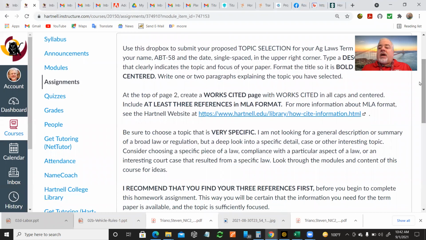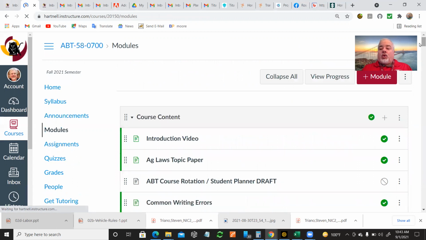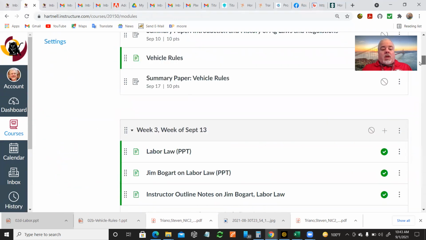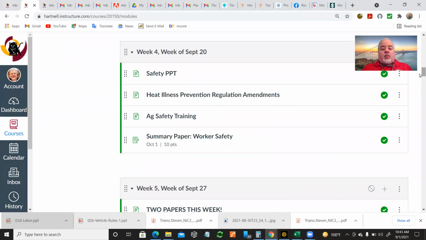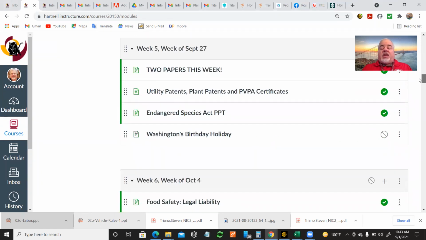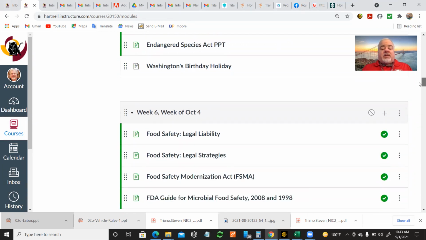We're going to be talking about GMOs and biotechnology. If I go to modules, things that aren't there yet, but you might want to think about, include worker safety, heat illness prevention, utility patents, Plant Variety Protection Act standards, and plant patents.